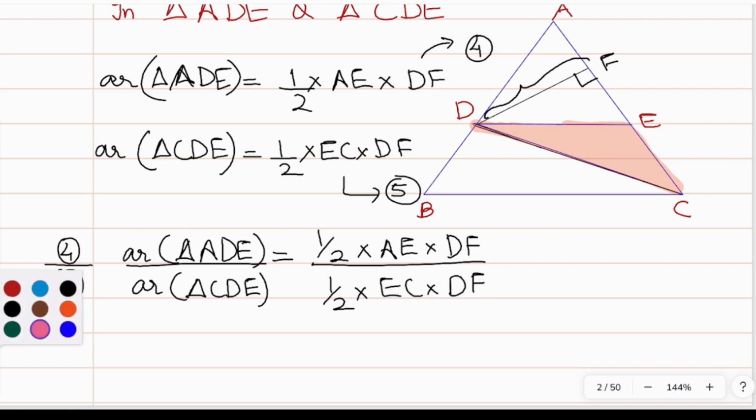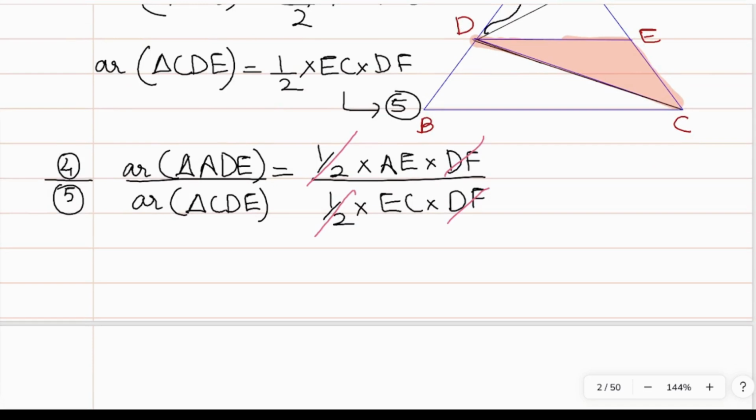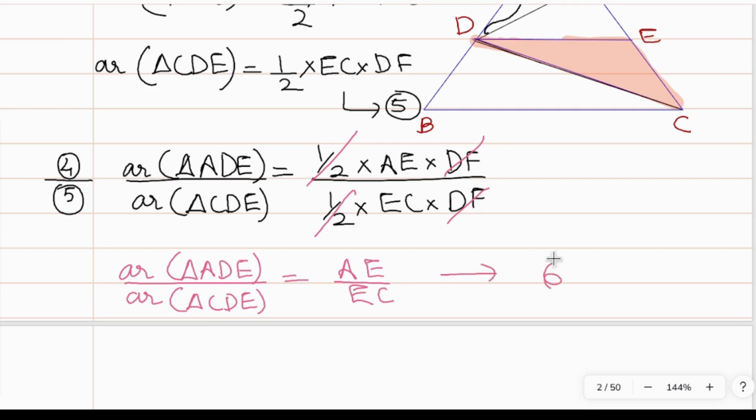Here again what can I do? I can cancel this, this and this. So what will be left over? Area of triangle ADE divided by area of triangle CDE is going to be AE divided by EC. Clear? And this one I will give as equation number 6. Okay.